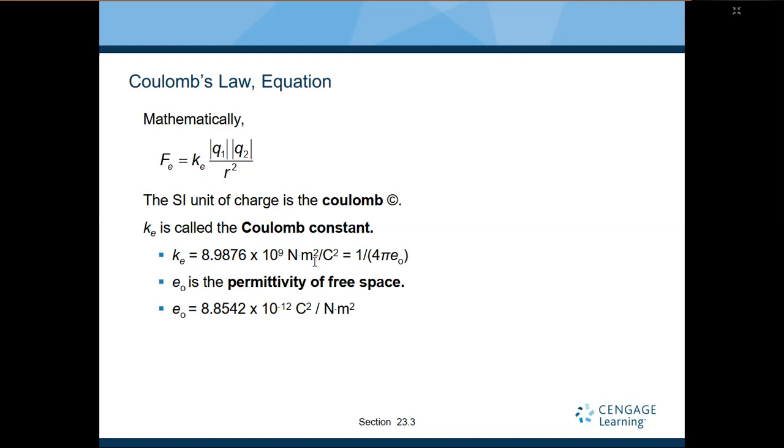The implication of Coulomb's law in dealing with charges is very important because this is the major equation that we are going to use, aside from the vector analysis that you have discussed in the previous semester.